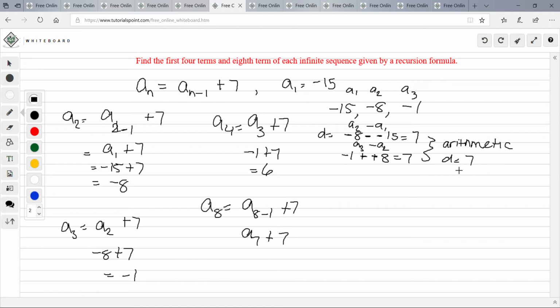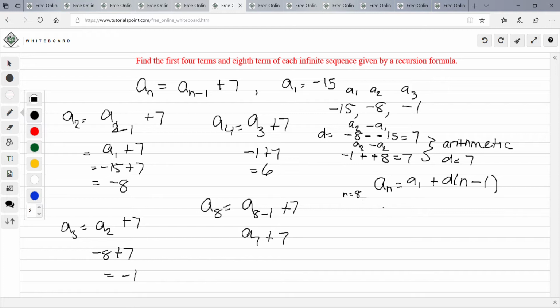So if we know that, we can use the nth term formula for an arithmetic sequence: an equals a1 plus d times n minus 1, right? We've got to find the 8th term, so we'll use n equals 8.